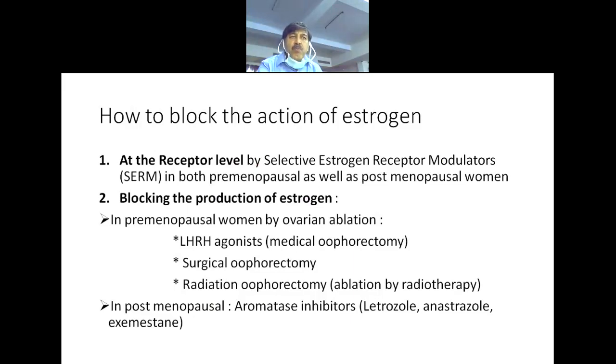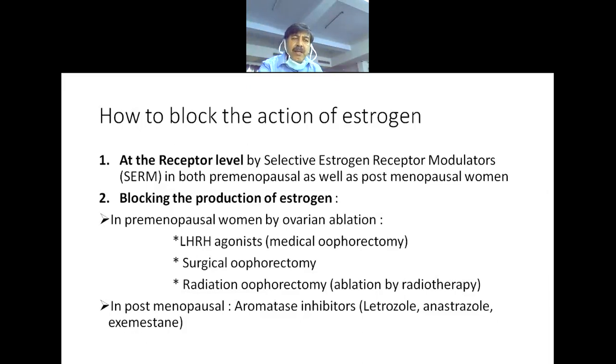Whereas in premenopausal females, we can block the production of the estrogen by LH-RH agonists. These are drugs which act on the anterior pituitary, and there is suppression of the production of the estrogen. So this is also called medical oophorectomy. The second method is that we can remove the ovary surgically, oophorectomy, or we can ablate the ovary by radiation.